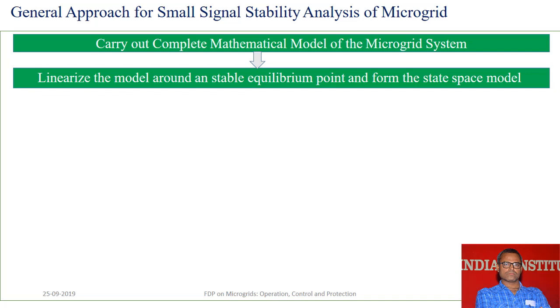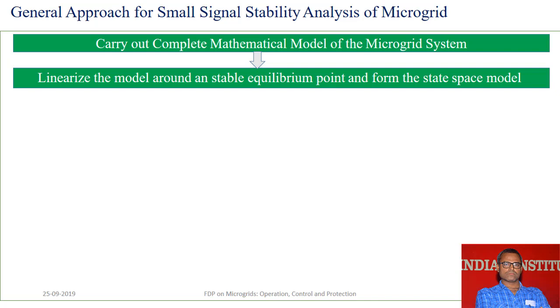That linearized model should be around a stable equilibrium point. There may be equilibrium points that are unstable also. In power systems we have studied the swing curve, where there are 2 points: one is an unstable equilibrium point, the other is a stable equilibrium point, right? Do you remember?